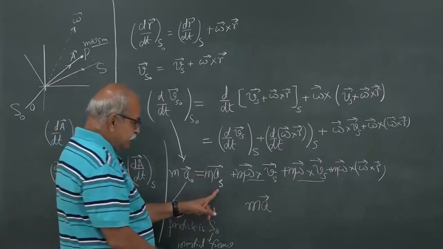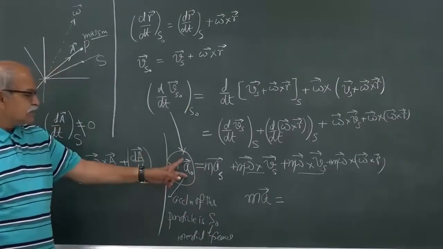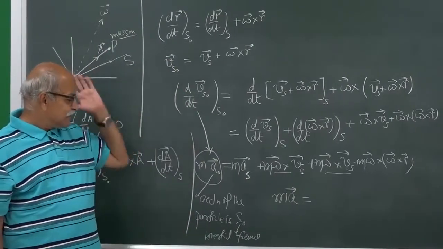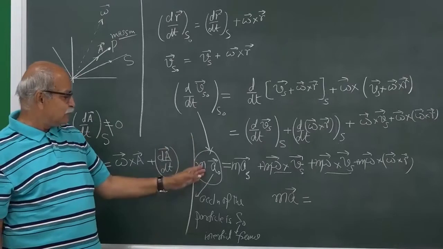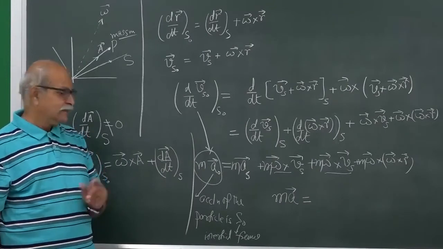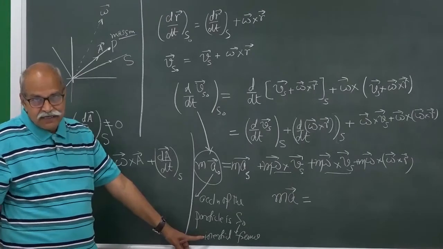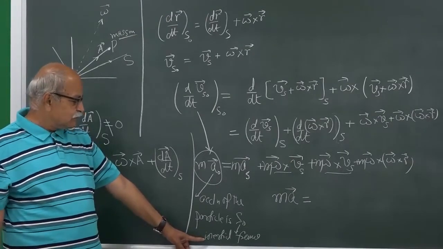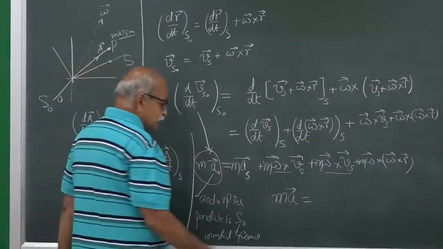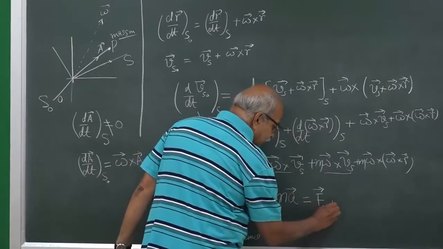So, this m A is equal to m into A naught, and A naught is the acceleration of the particle in the inertial frame, and therefore it is equal to the net force applied on the particle at that instant. In inertial frame of reference, I can use Newton's laws without any hesitation. Net force is equal to mass times acceleration. This is the total force, net force, real.